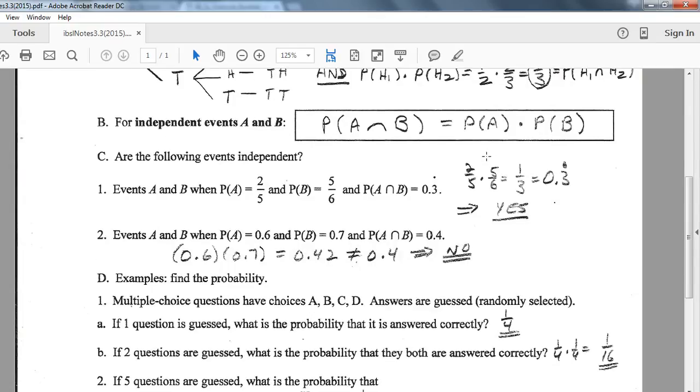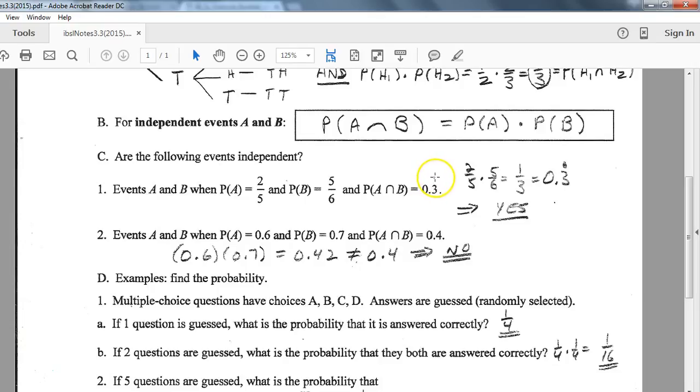If the events are independent, then this formula works. So in a case like this, where they say, are these events independent? Well, do they fit this formula? Can I multiply the 2 events and get this answer? So in this case, can I do 2/5 times 5/6 and get this answer? This is a little tricky. See that dot right there? That means that my 3 is repeating.